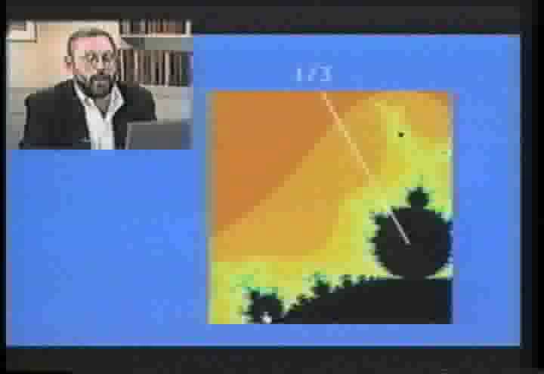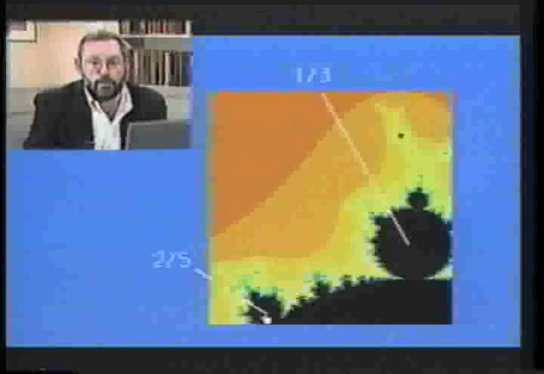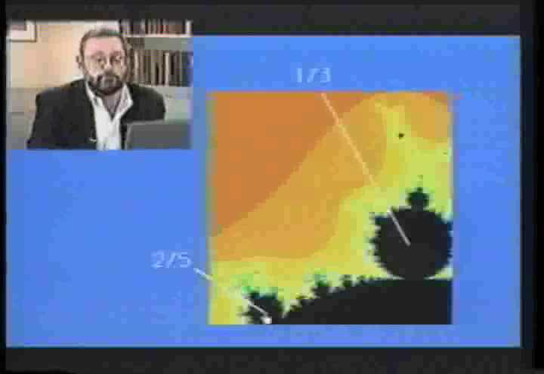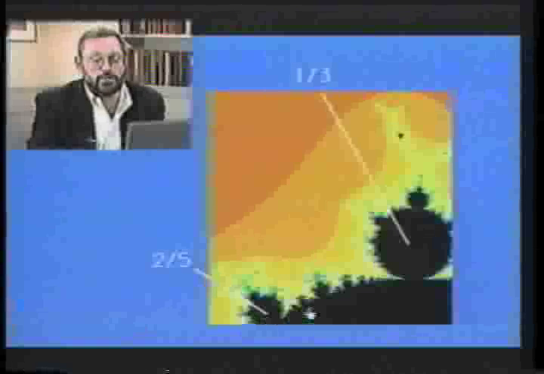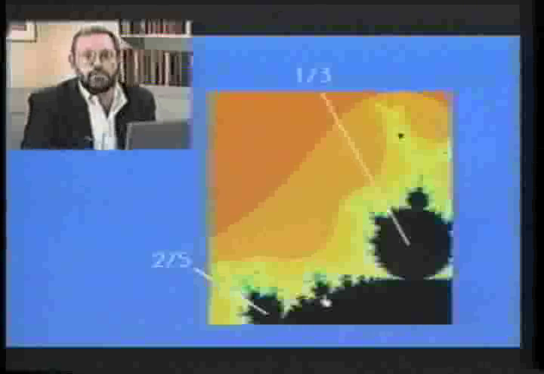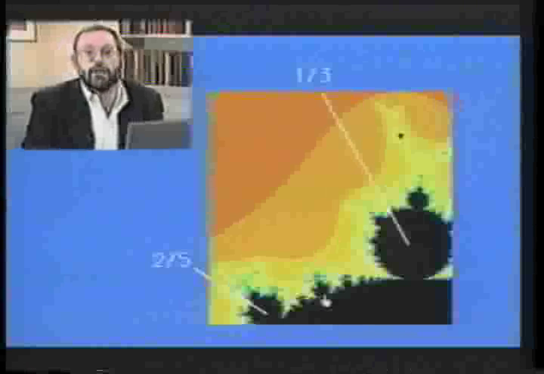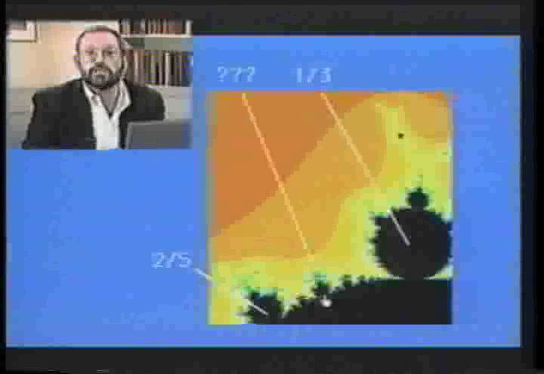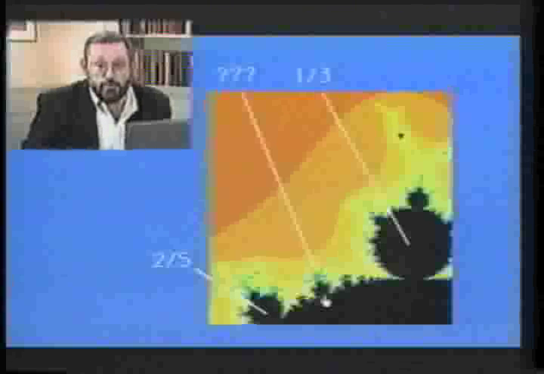Down here, you recognize our friend, the 2/5 bulb. What's the largest decoration in between? Well, it's clearly right here. What's the fraction associated to this bulb?